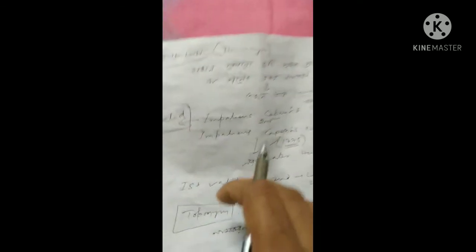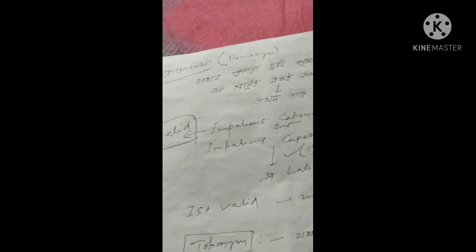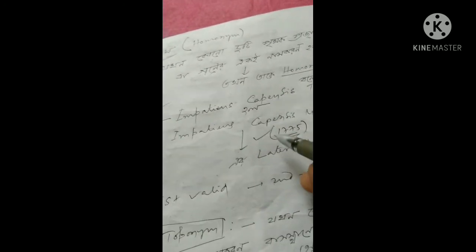And whenever we come to the aspect of homonym, you have to give importance to that portion. If two scientists discovered different species with the same nomenclature, then what will happen? Who discovered it first? Here we have two different scientists, one is Thunberg and another is Miller. In a scientific name the first is the genus and the second is the species.